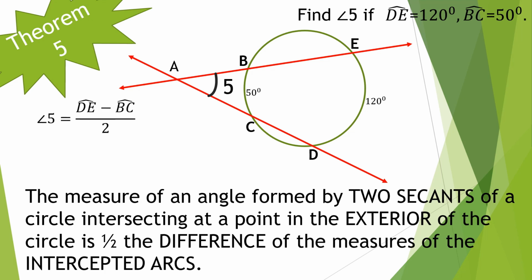So this is now the formula in getting angle number 5. So angle 5 is equal to arc DE minus arc BC divided by 2. Since arc DE is equal to 120 degrees minus BC is 50 degrees, so that is 70 degrees divided by 2, that is 35 degrees.